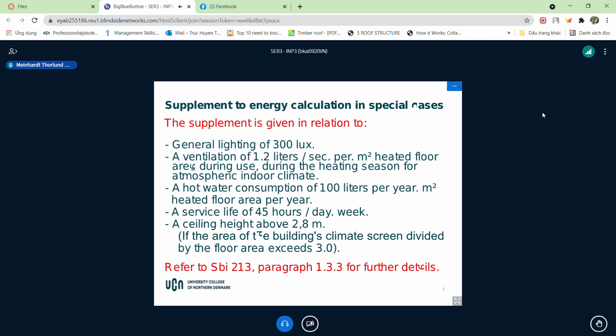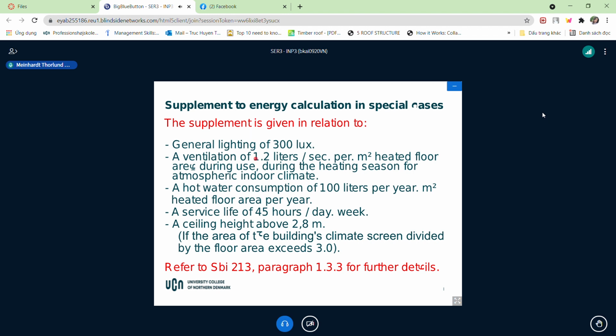In Denmark, the minimum requirement for most buildings, typical normal work, would be 300 lux. But if you have an architecture office, a lot of the work requires 500. In that case, the building will use a lot more energy on artificial light, and then there are supplements given. Basically, the energy calculation could extend the minimum requirement a bit more.